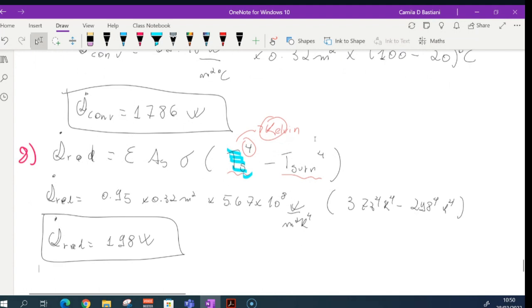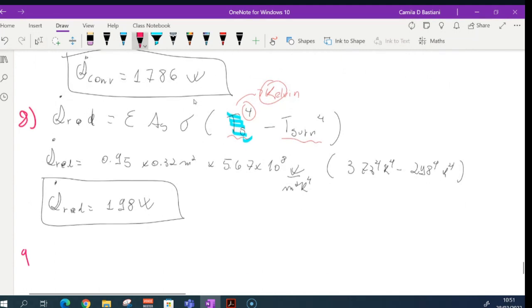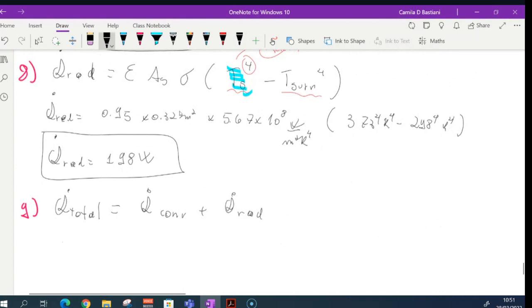And finally, my total heat transfer is equal to heat transfer due to convection plus my heat transfer due to radiation, because we have here combined the convection and radiation process, where my radiation is much smaller than my convection.